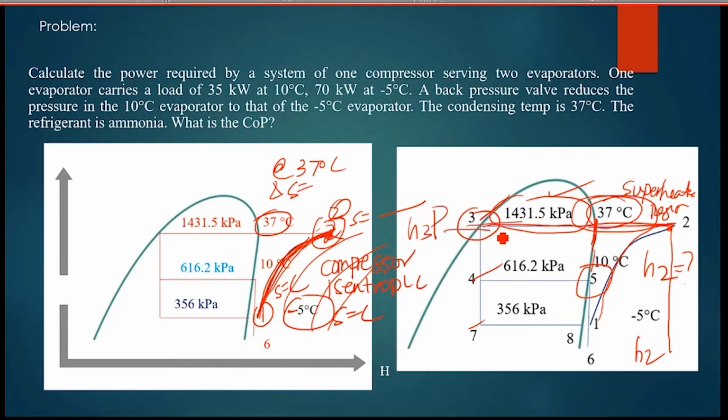Now, so constant pressure, 37 degrees centigrade, we have the constant pressure, 1431.5, and we have this constant entropy. The meeting point, where they meet, then you can project downward, and you can have a reading here, right? So that's my point.